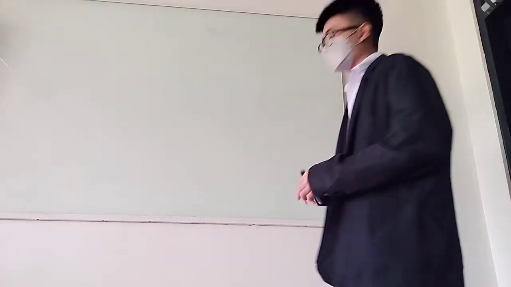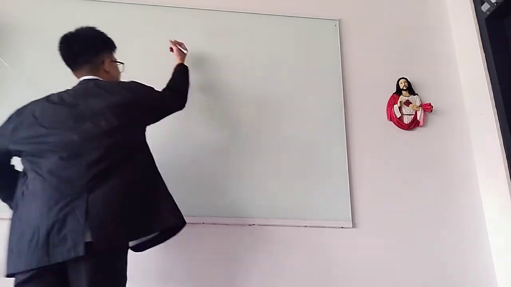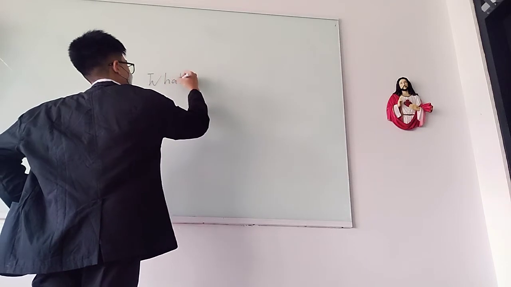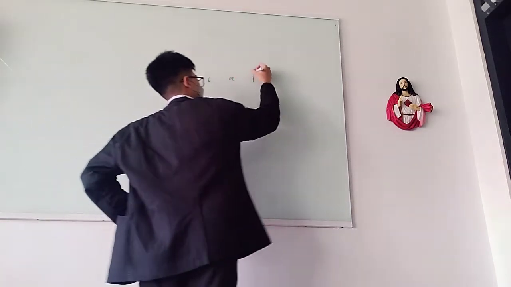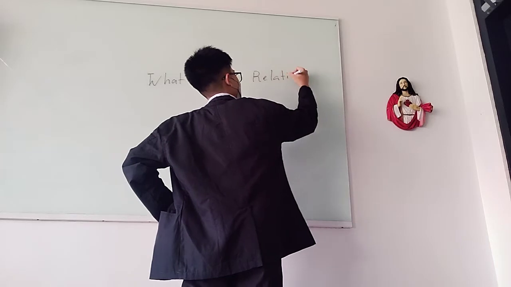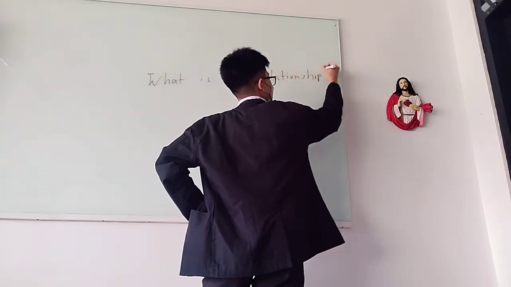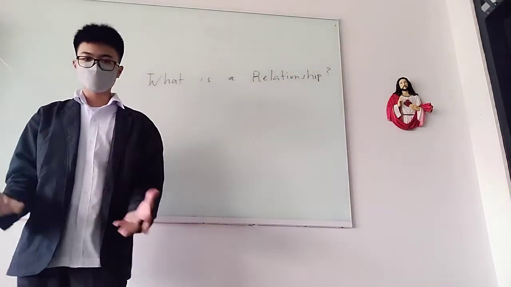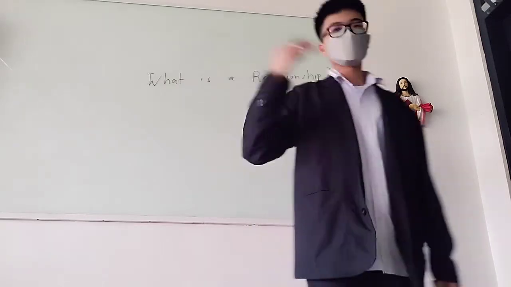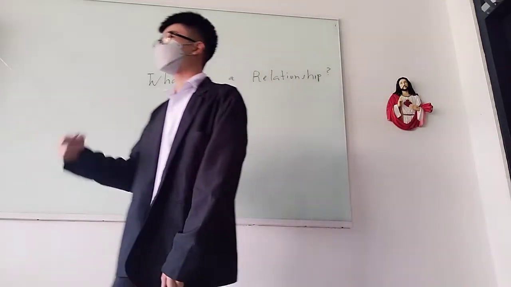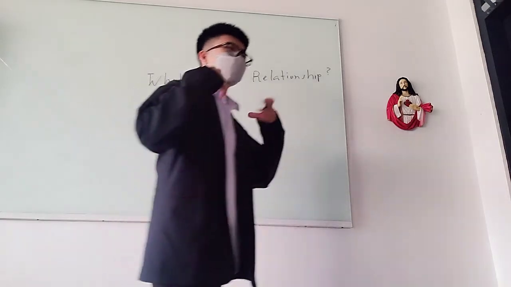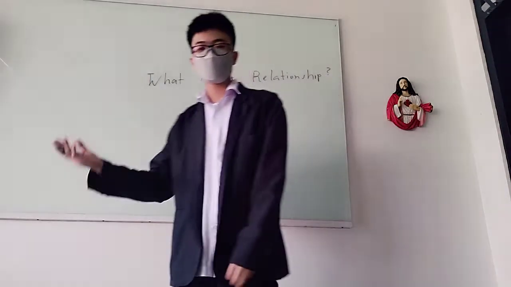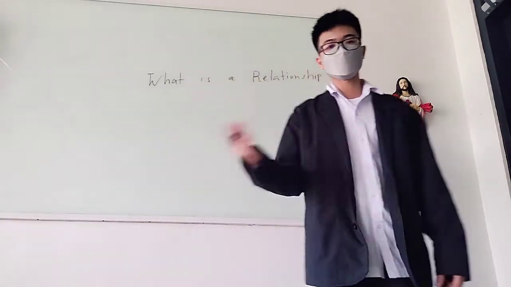Okay. So what is a relationship? Let's ask ourselves the big old question. What is a relationship? Now, you guys know in real life, a relationship is a relation between two people. Whether it be a girlfriend, a boyfriend, a civil union, a marriage, or that the person is a blood relative: your mother, your father, your brother, your sister, your son, your daughter.